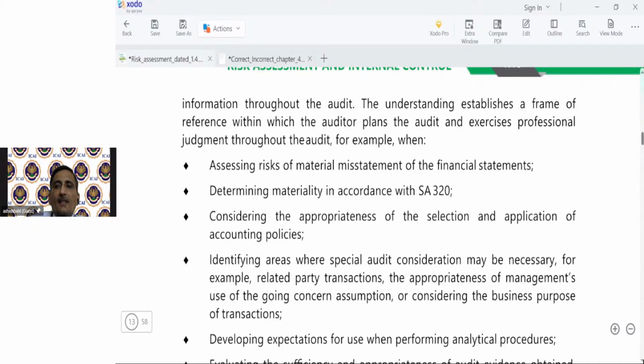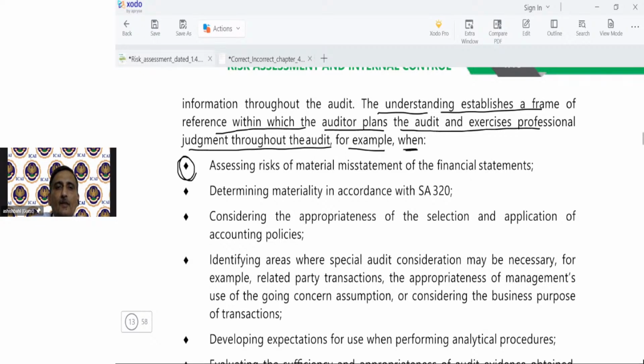So, the understanding establishes a frame of reference within which the auditor plans the audit and exercises professional judgment throughout the audit. For example, when assessing risks of material misstatements. So this understanding is very important when he assesses risks of material misstatement. And guys, you have to understand that this process of understanding the company is not a one shot affair.